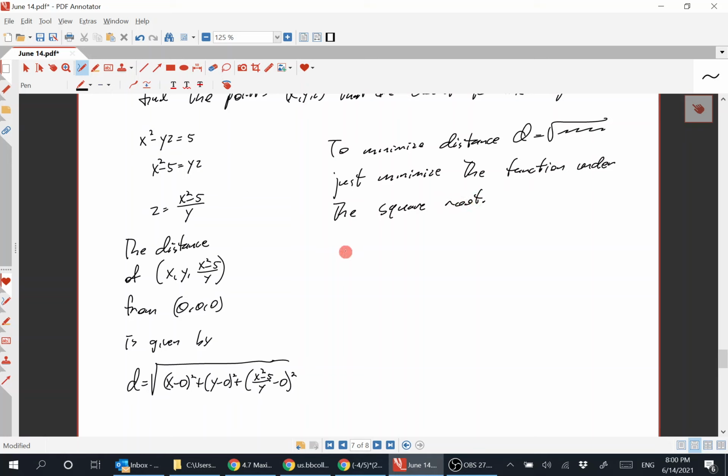So that function is f(x,y) equal to x squared plus y squared plus x squared minus 5 over y, that whole thing squared.